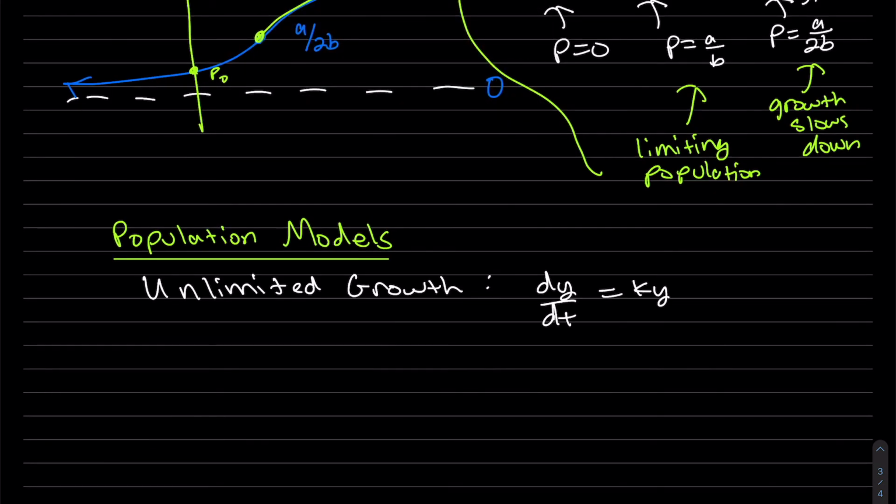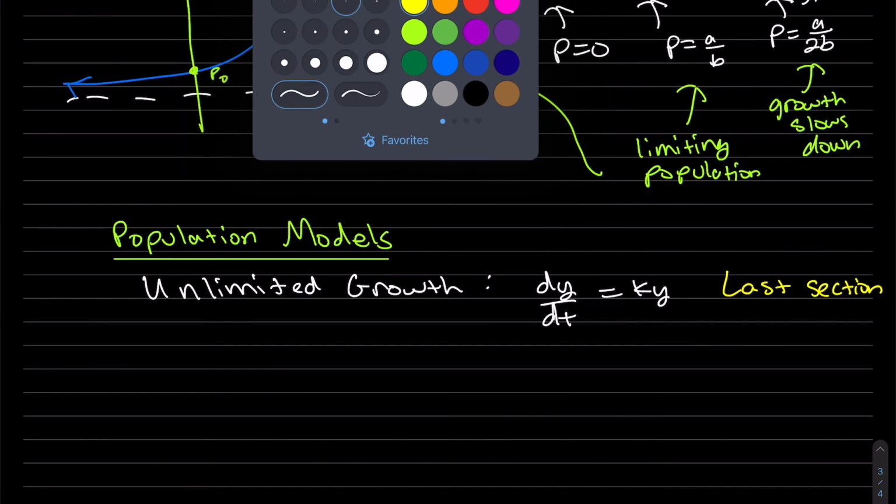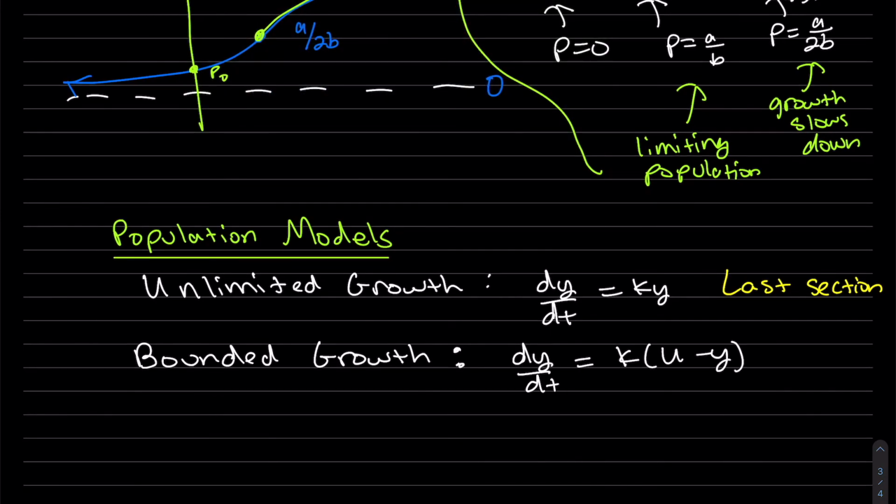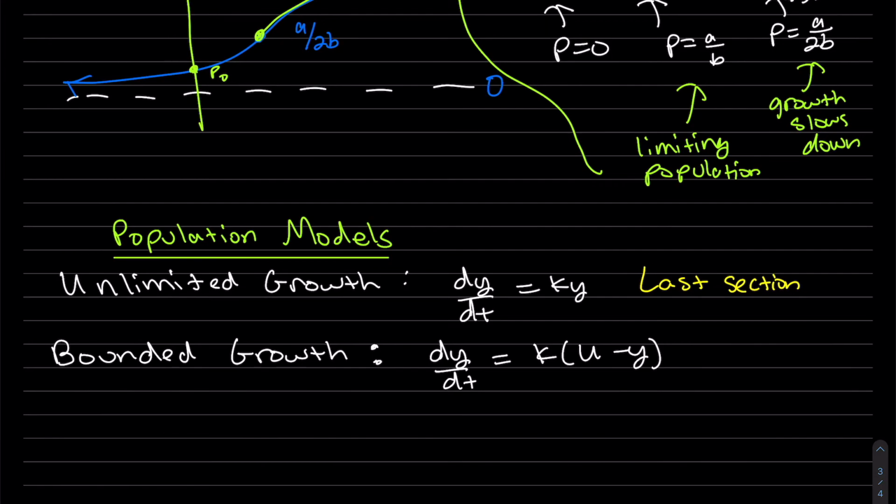So here are our population models. We have unlimited growth, and this was our last section. We have bounded growth, and basically our U is our constant, our upper bound.